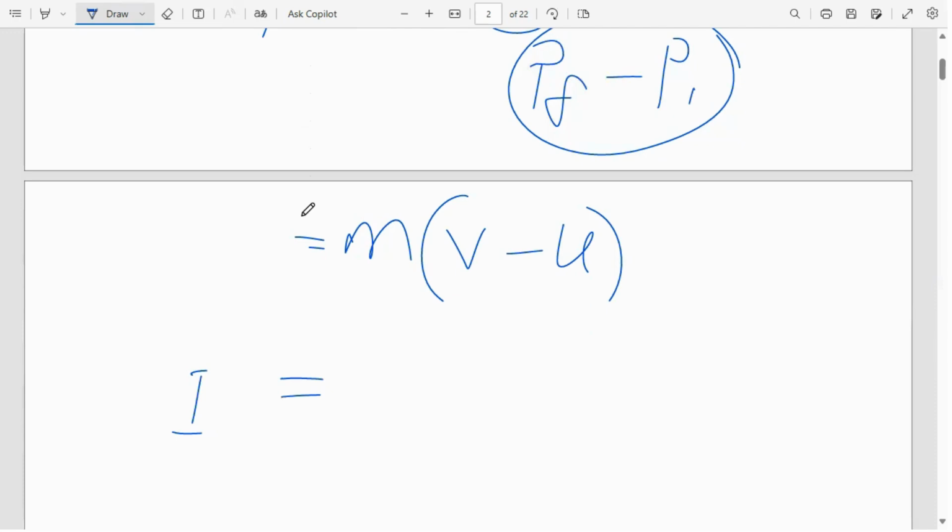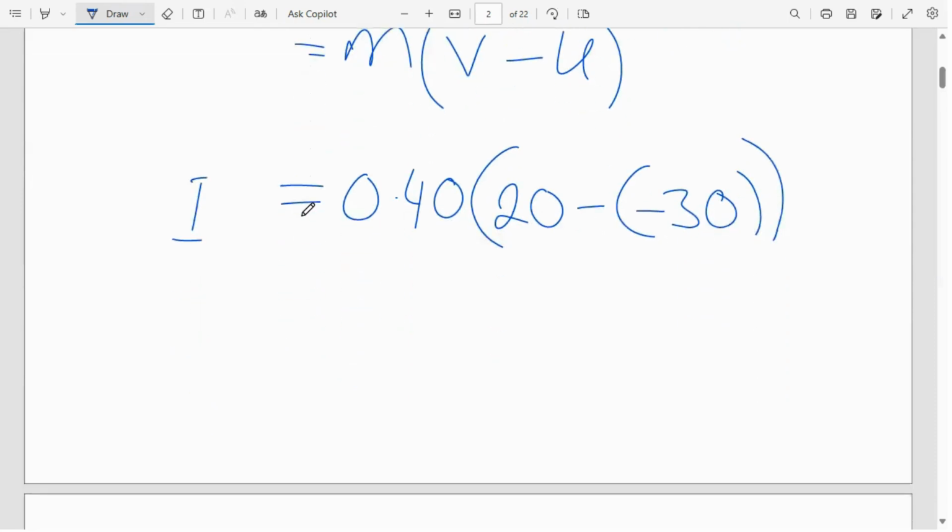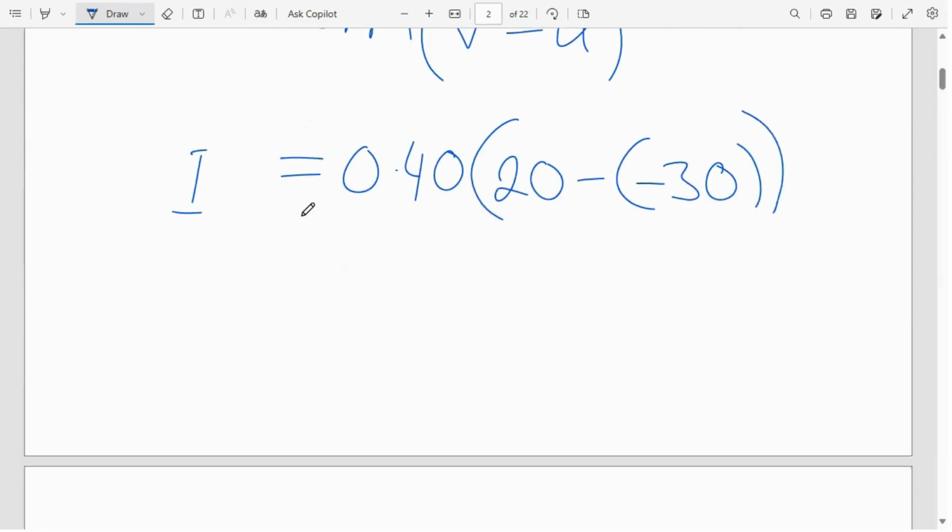Okay, so I is equal to m. What is the value of m? m is 0.40. Then we have the final velocity. The final velocity is 20, minus, and we're subtracting the initial velocity, which is negative 30. Remember, we have to include the direction of our velocity, we shouldn't ignore it.